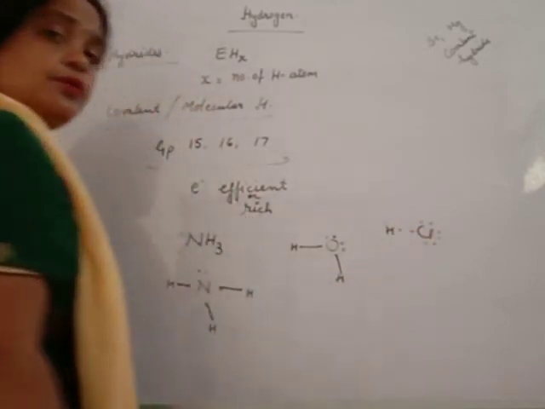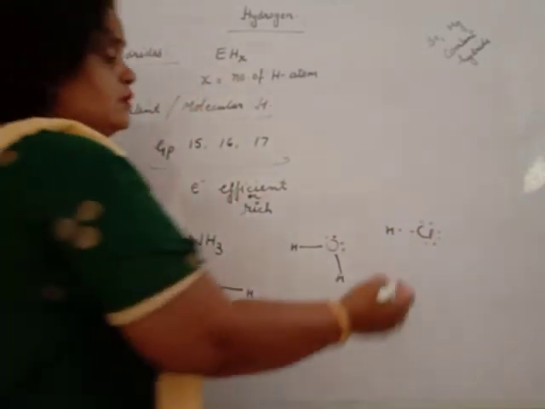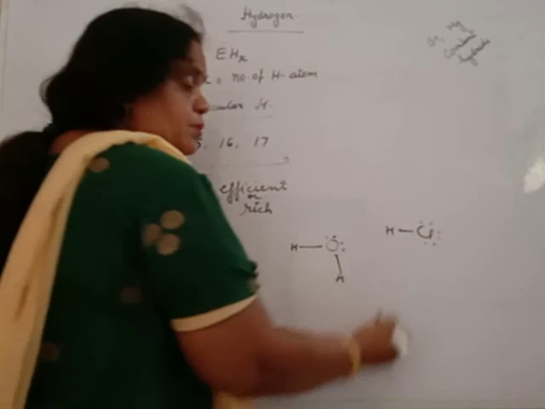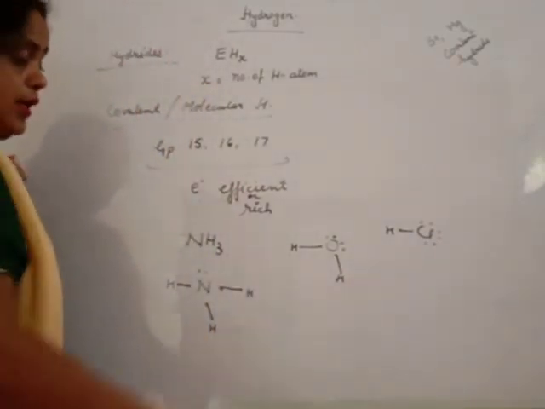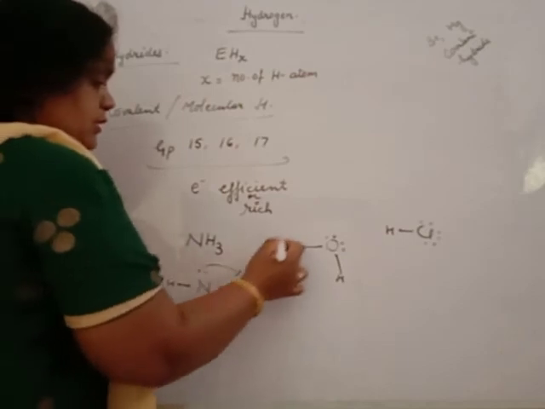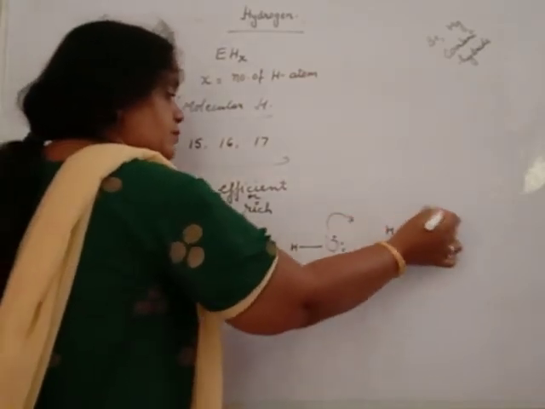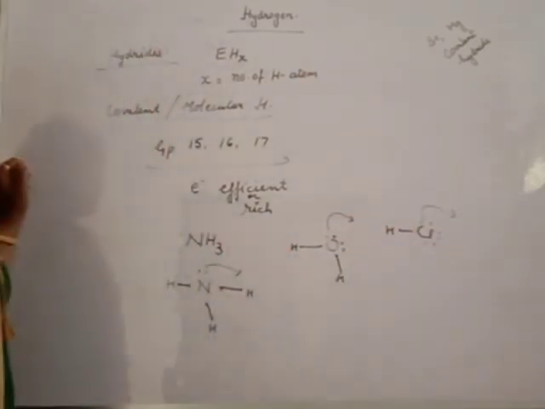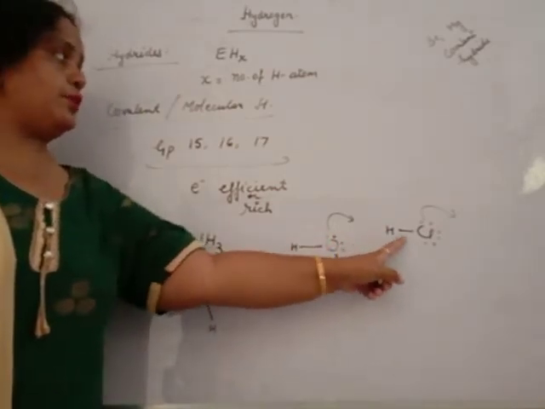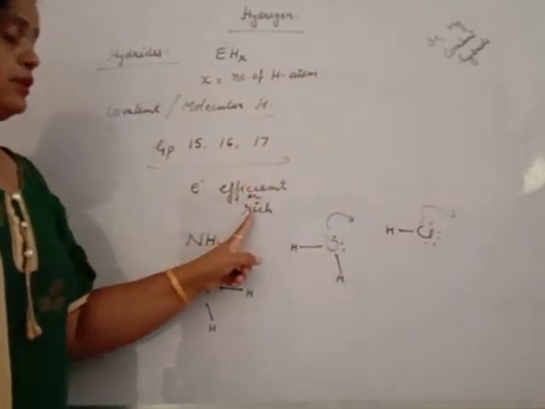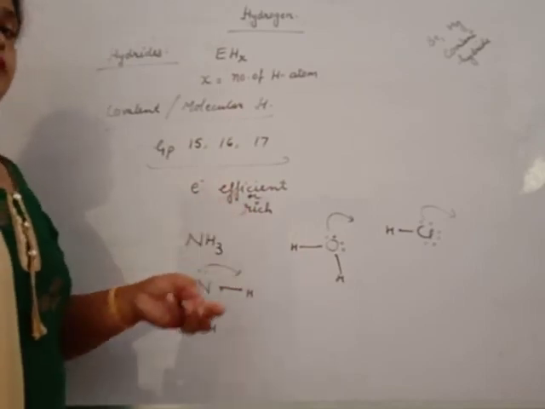After sharing 1 electron, they complete the octet and form the bond, and 3 lone pairs of electrons remain. Due to the presence of lone pair electrons, they are considered electron rich hydrides.